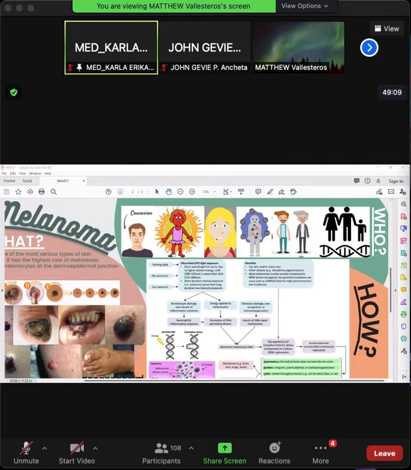So the second question is, who is at risk for melanoma? According to Fitzpatrick, there is a rising incidence worldwide in countries with white inhabitants, with the highest incidence rates in Australia, followed by North America and Europe. So who is at risk?